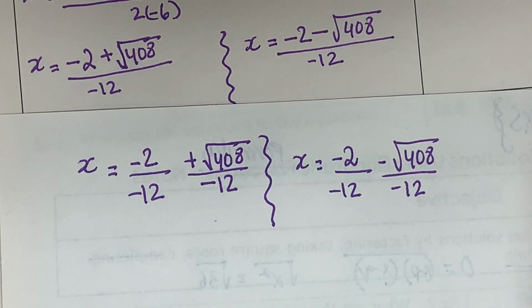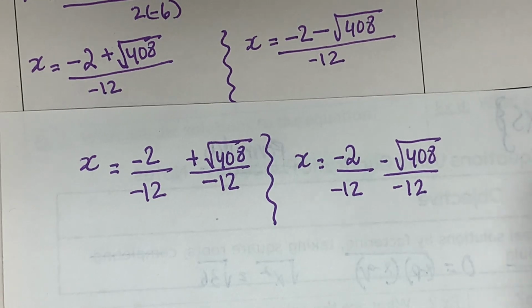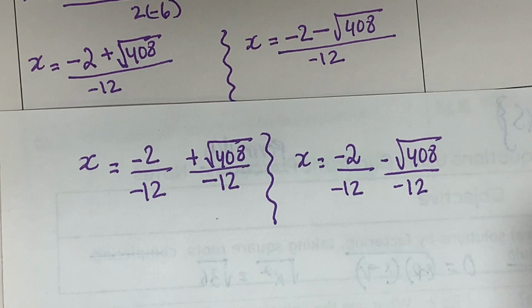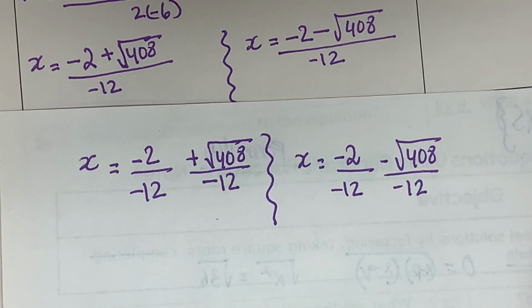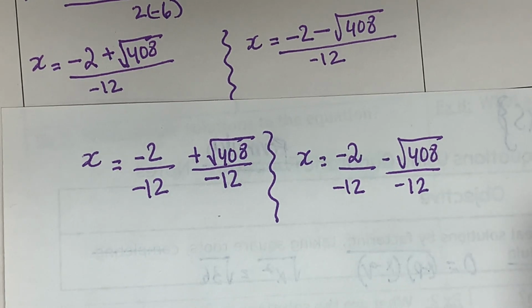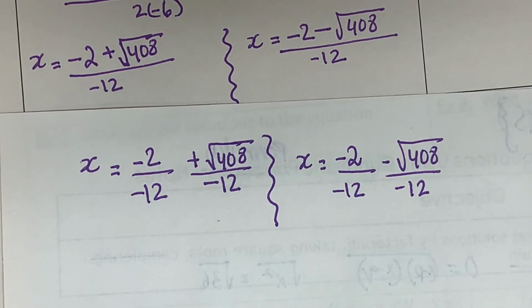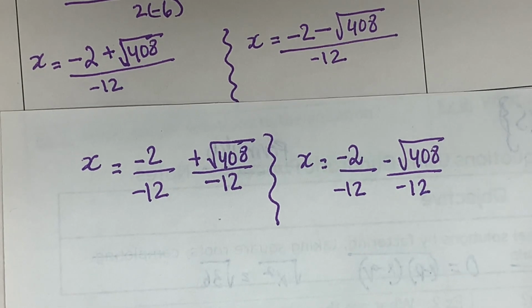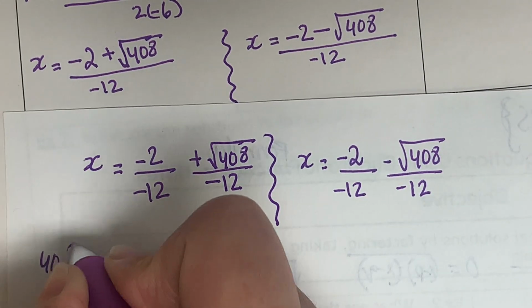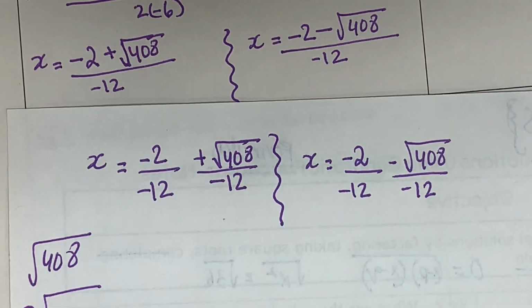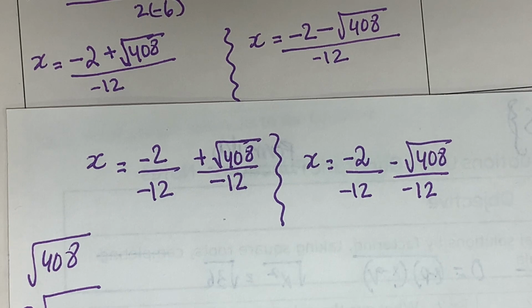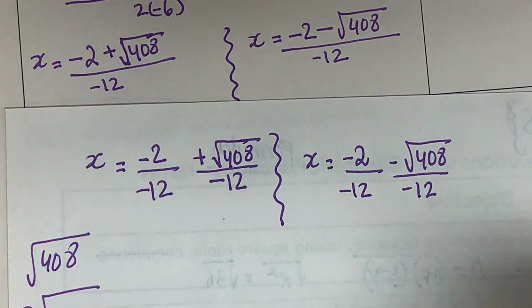So I'm gonna get the value of square root 408. So 408, basically, square root is basically 2 whole, and I'm left with 17 times 2, 34 times 3, 102.